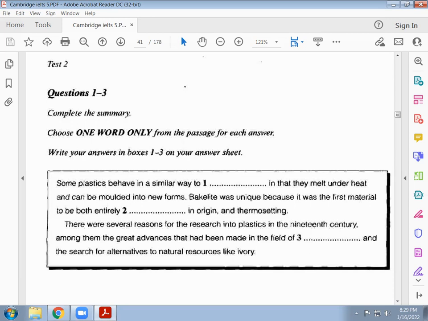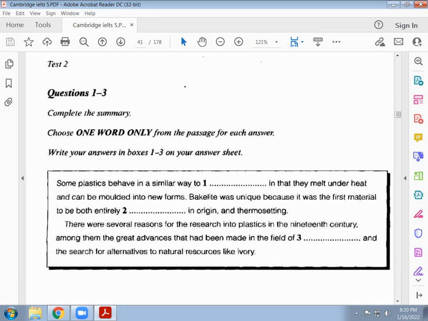However, if this summary completion is from the overall passage, then it is more time consuming because you will find one answer somewhere at the beginning, the next somewhere in the next section, the next passage. So that will take more time. Okay, there are different ways to do that type of question.